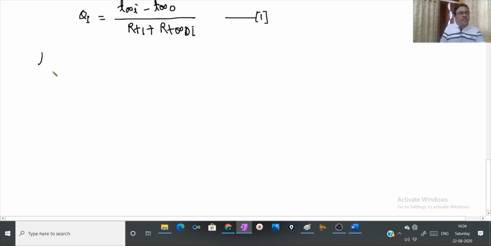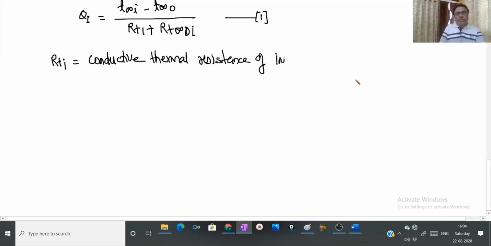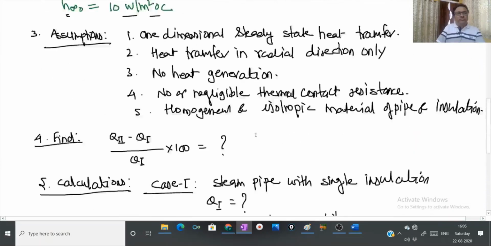In this equation, RT1 is the conductive thermal resistance of insulation 1, and it can be given as 1 over 2 pi K1 L log of R2 over R1. Let us refer to the diagram.